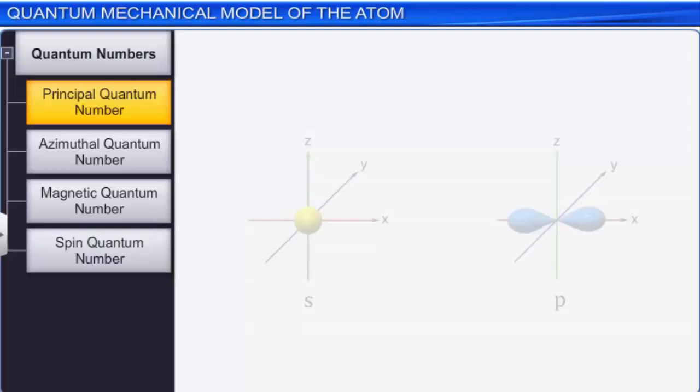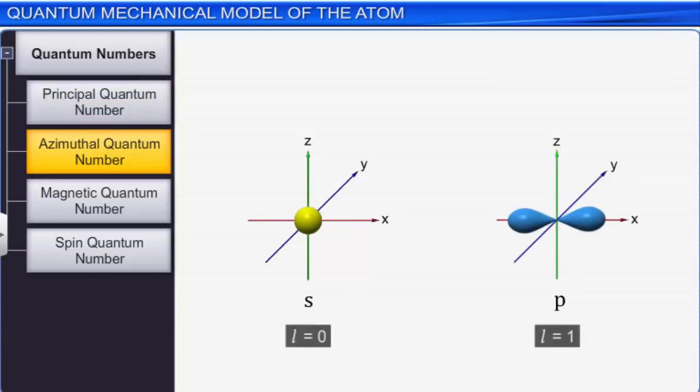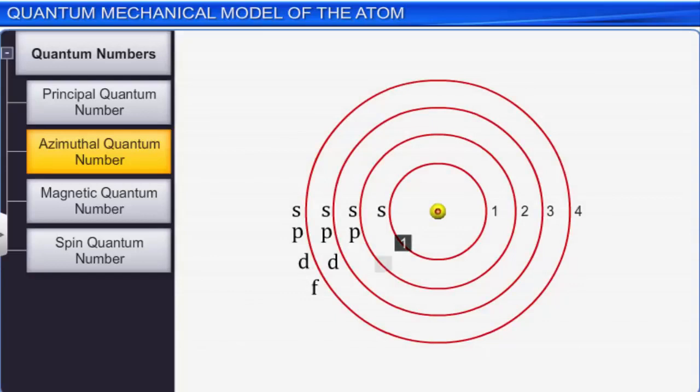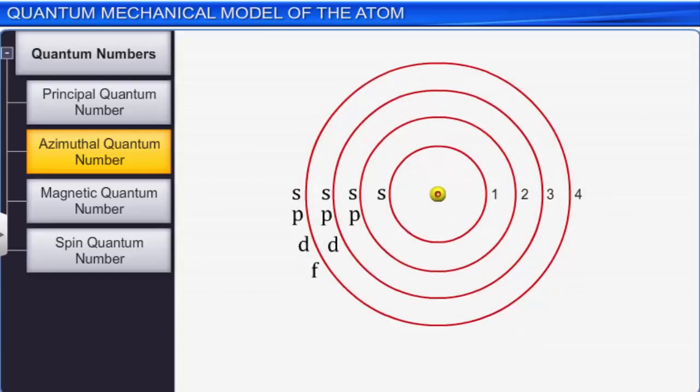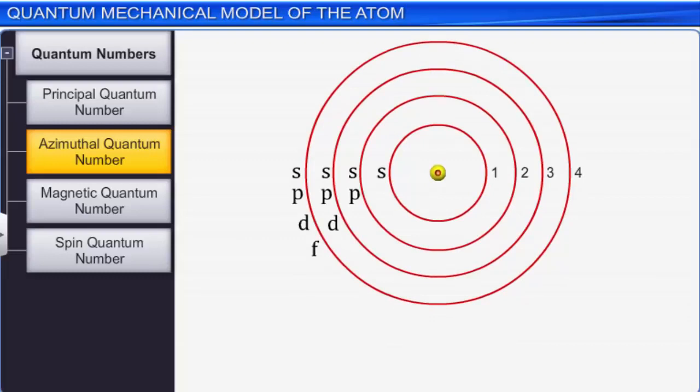Let us move on to the next quantum number, that is, the azimuthal quantum number. It is denoted by the letter L. The number of subshells is given by the azimuthal quantum number. The azimuthal quantum number is also known as the orbital angular momentum or subsidiary quantum number.